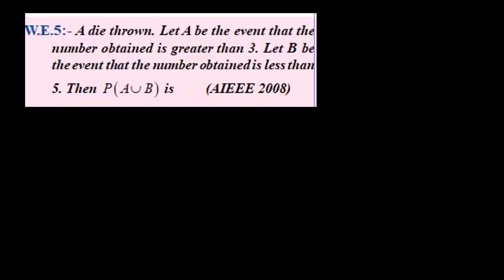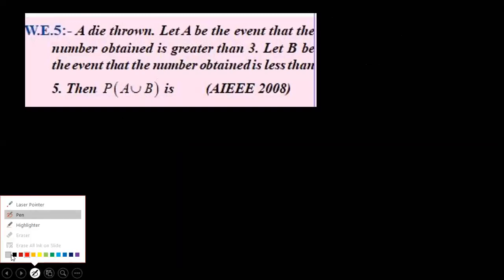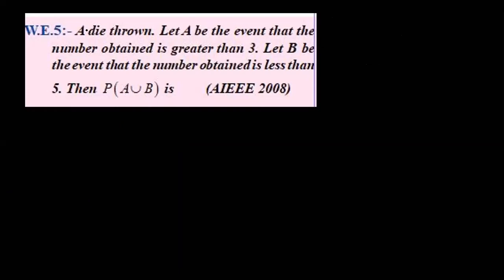See anyone. What is the answer? Akhil, Maurya, anyone? Saiswar, Kumar. A die is thrown. Let A be the event that the number obtained is greater than 3. B be the event that the number obtained is less than 5. Then P of A union B, anyone? That's simple, yeah.